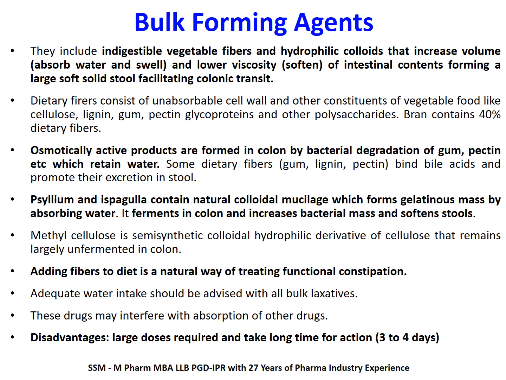Psyllium and ispaghula contain natural colloidal mucilage, which forms a gelatinous mass by absorbing water. This gelatinous mass ferments in colon, which increases bacterial mass and softens the stool. Methyl cellulose is a semi-synthetic colloidal hydrophilic derivative of cellulose that remains largely unfermented in colon.